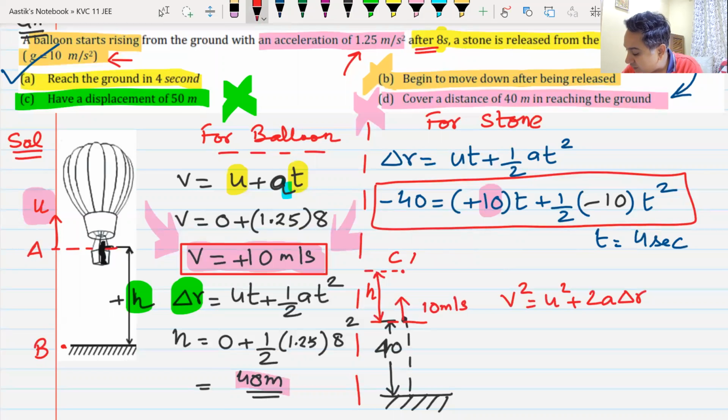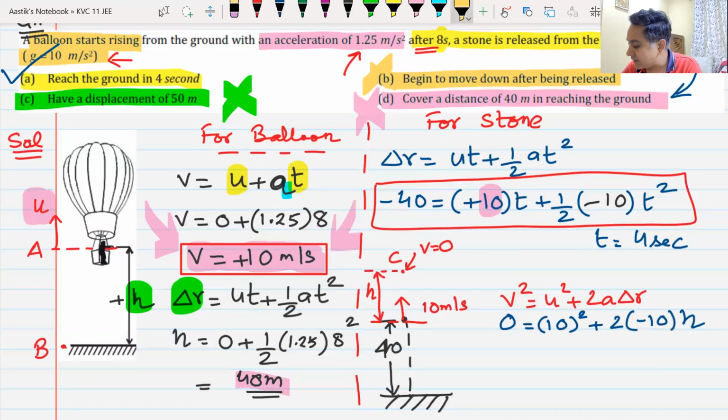At the highest point, its final velocity becomes 0, yes or no? So I put those values. v is 0, u square is 10 square, plus 2 times acceleration, which is minus 10, into this height h. That is the displacement, this height h. Do we understand this? From here, I can get the value of this h.